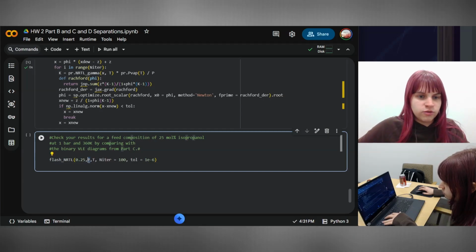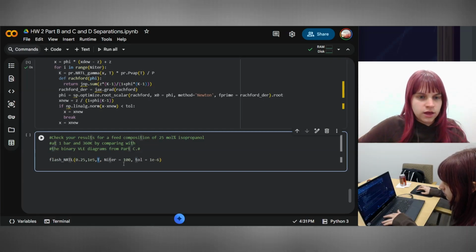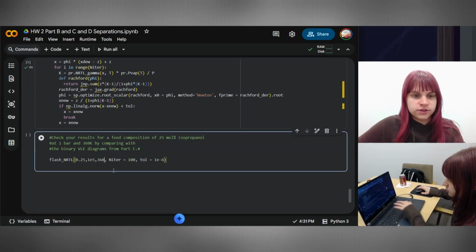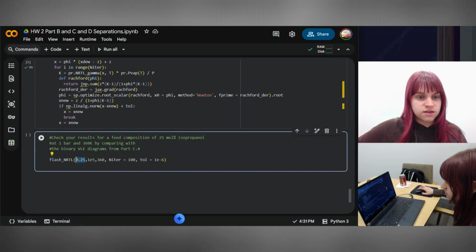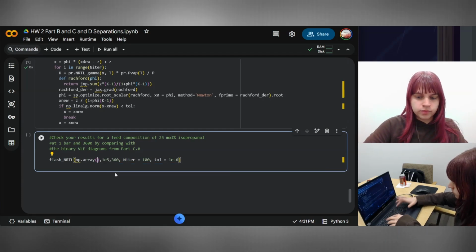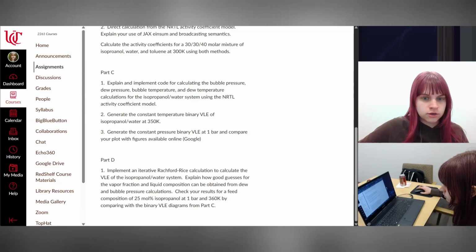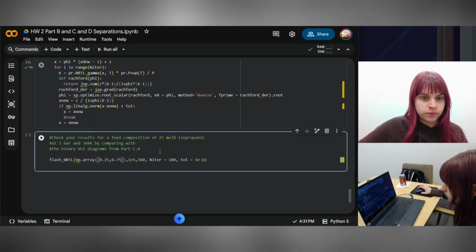Our pressure is 1 bar, so that's 1 times 10 to the 5 pascals, and 360 Kelvin. And sorry, this is Z, so I actually need an array with 0.25 mole isopropanol and then 0.75 moles of water. And I don't need this. That was just for specifying in the function itself.